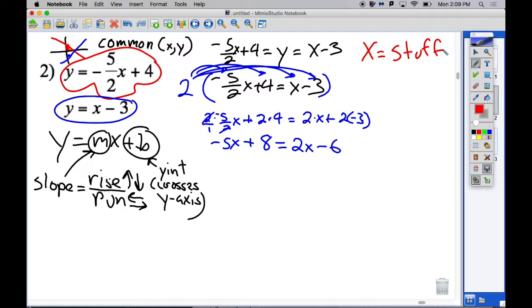And the way that we do that is we do opposite or inverse operations. Where'd that 2 come from? What 2? This one here? Well, I didn't like the fraction, so I got rid of it. Now, one way to get rid of the fraction is because what does that really mean?